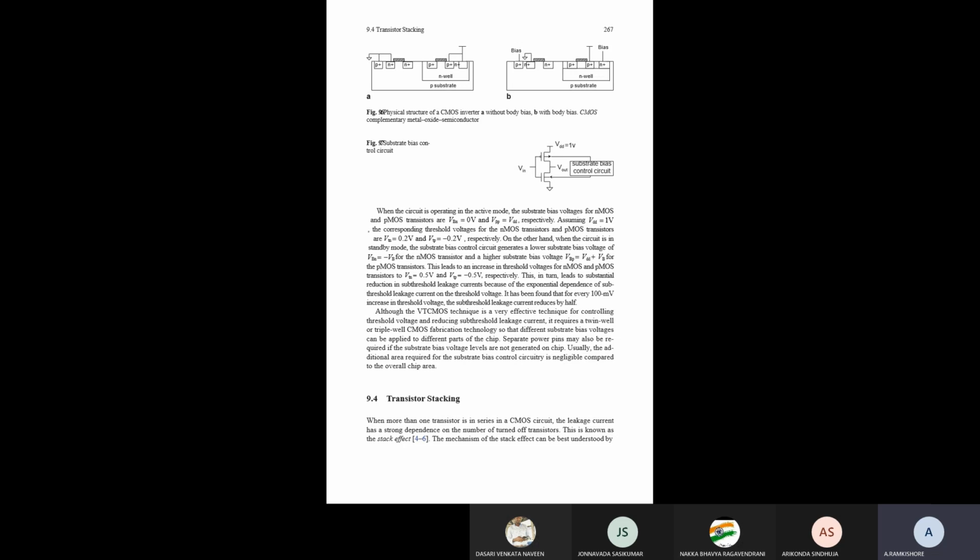We have already observed that a low supply voltage along with a low threshold voltage, where the supply voltage is nothing but the VDD voltage, has its own low threshold voltage.